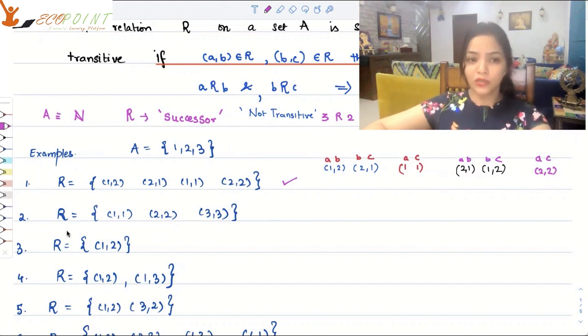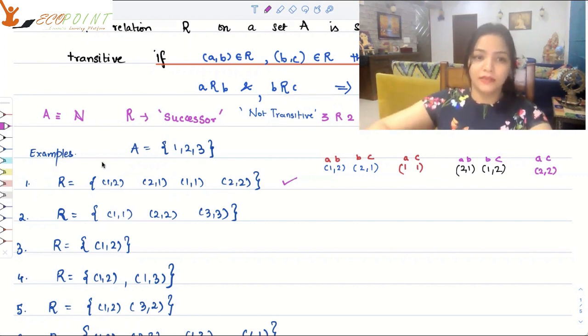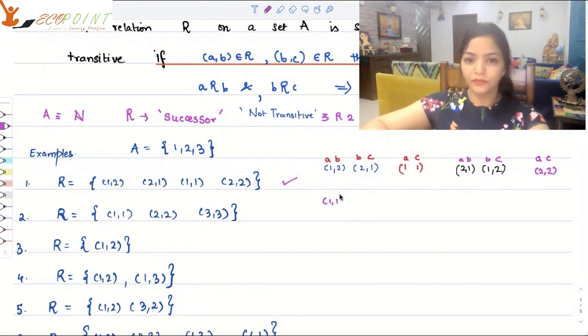What about this relation of the diagonal entries (1,1), (2,2), (3,3)? Is this a transitive relation? Let's take into consideration (1,1). In order for me to be able to check for transitivity, what do I require? What is the prerequisite? The prerequisite is, in case A is related to B and B is related to C, that should imply A is related to C, right?